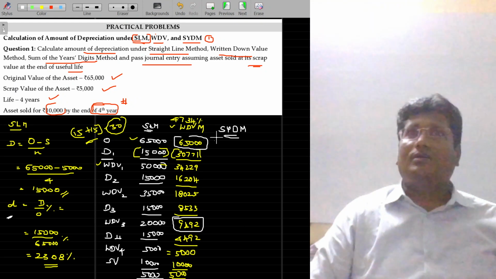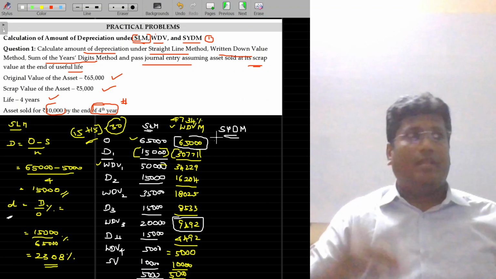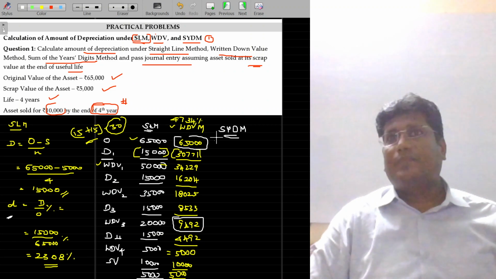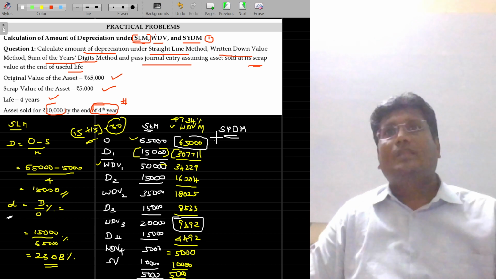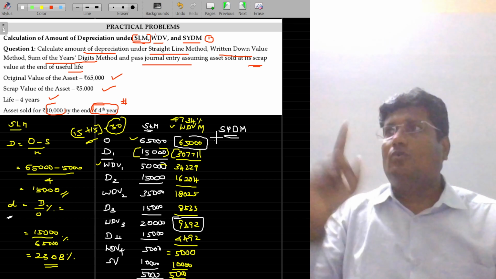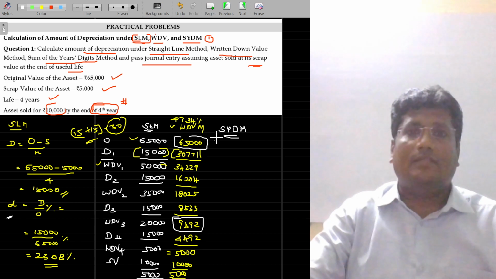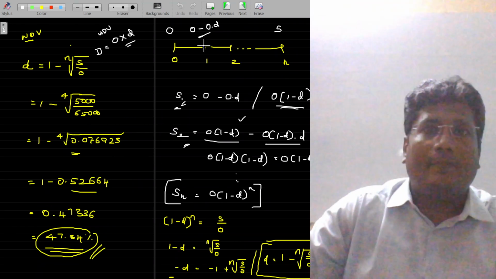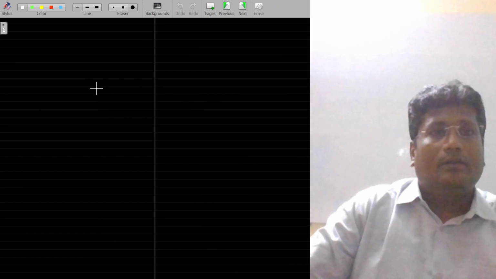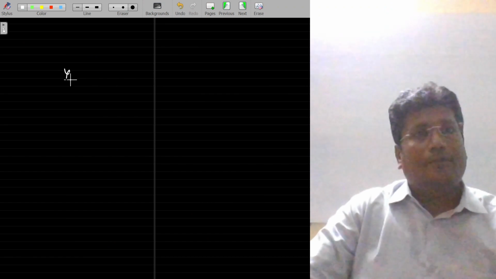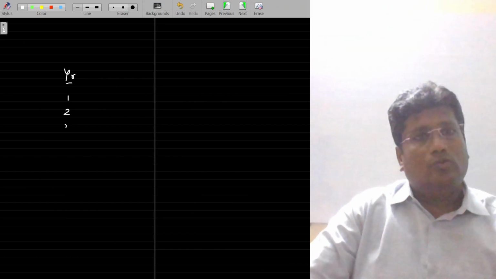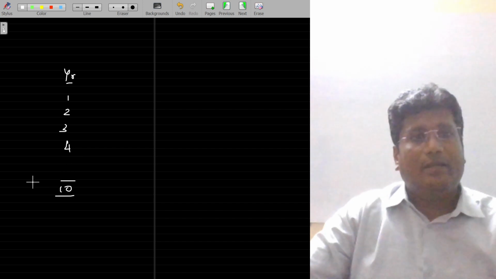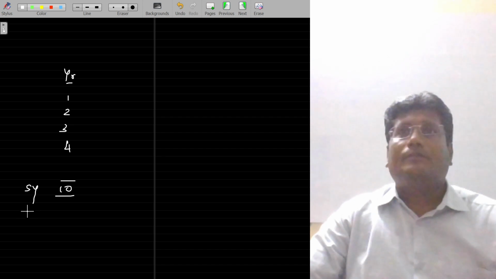How many years will the asset work? 4 years. The life of the asset being 4, now sum those 4 years: 1, 2, 3, 4. If you sum that, the value is 10. So years 1, 2, 3, 4, the sum of the years being 10.